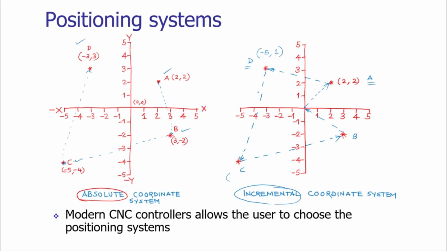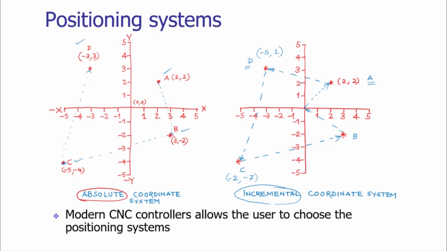So that is -2 units. To reach point C along the Y direction, we have to travel 1, 2, 3, 4, 5, 6, and 7 units along the negative Y direction. So -2, -7.